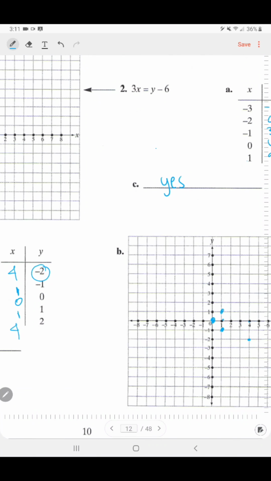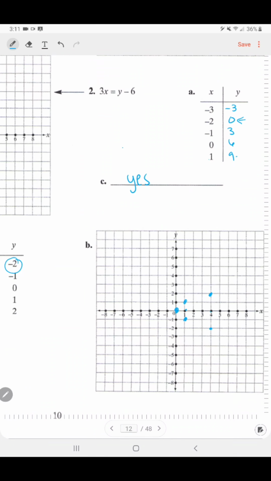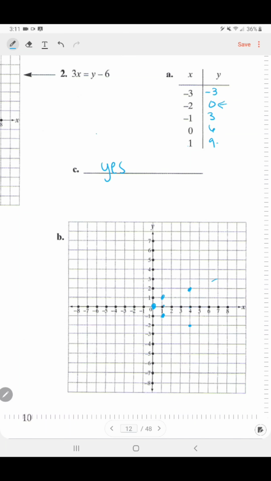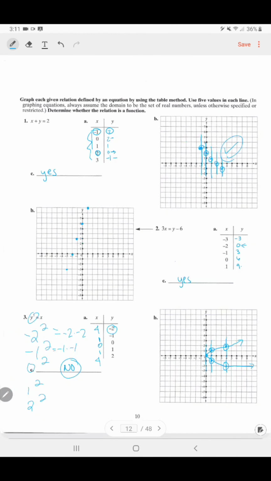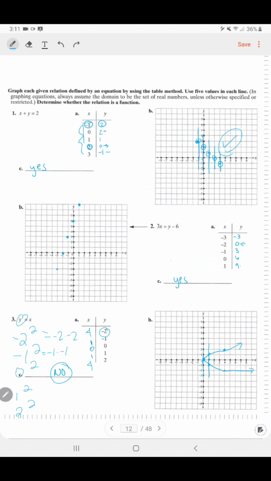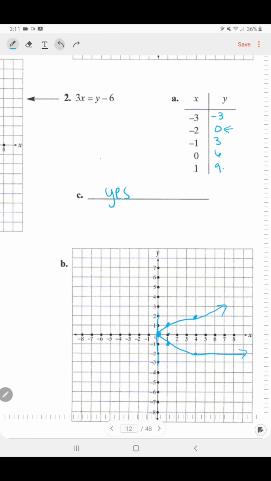And 4, positive 2. So this is called a parabola, just so you know. So if we do the line test for this one, it is not a function, even though we already determined it by finding that there are repeating numbers. Okay, so that's what your graph is going to look like.